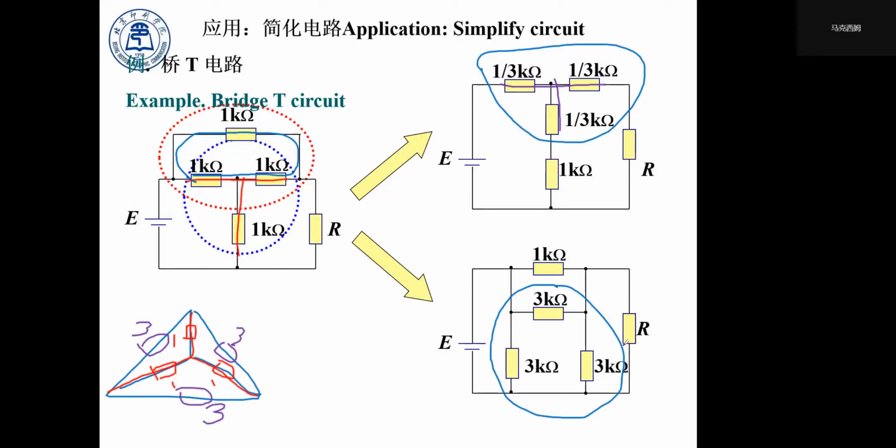What we do encounter are T-shaped or delta-shaped networks, but usually they are asymmetrical. So we have to use the set of equations we have achieved before to calculate the corresponding values of the resistors after the transformation.